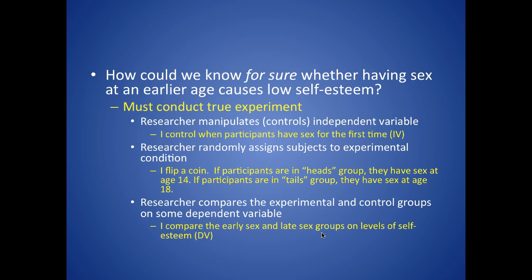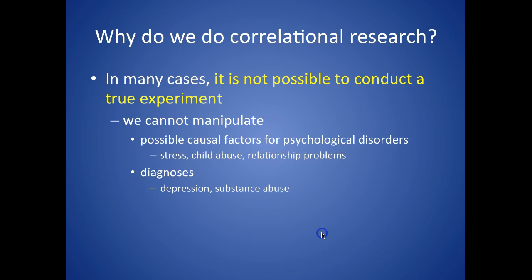If you could actually control that, you could have a real experiment, and then you'd measure to see if it had an effect on self-esteem. But obviously, you can't do that kind of experiment.